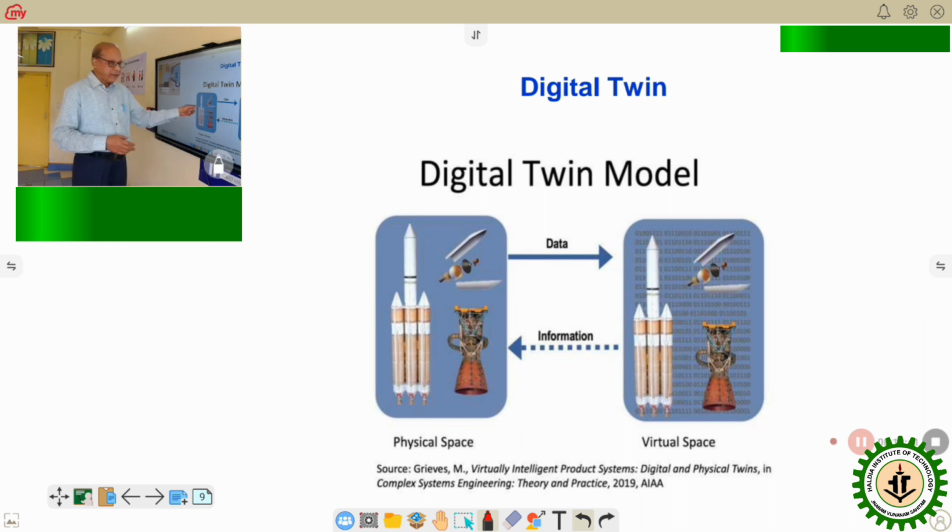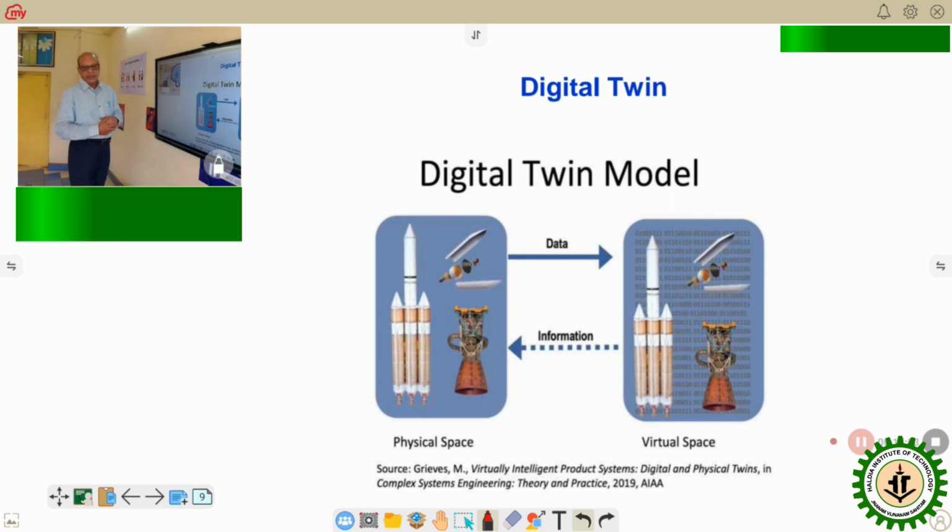And how to establish connectivity? From the physical world, the data pertaining to the physical object or the process would be transferred to the digital world to create this digital twin, and effective results in the form of information will be sent back from the digital world to the physical world.